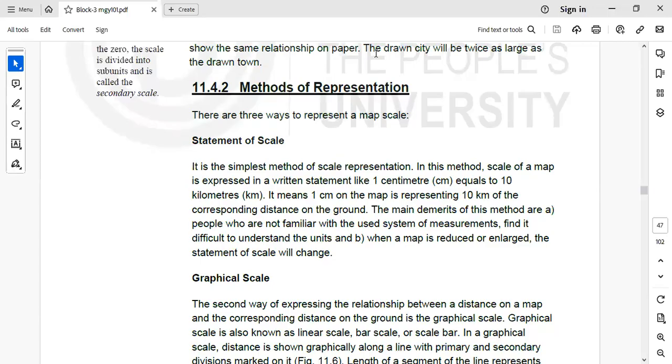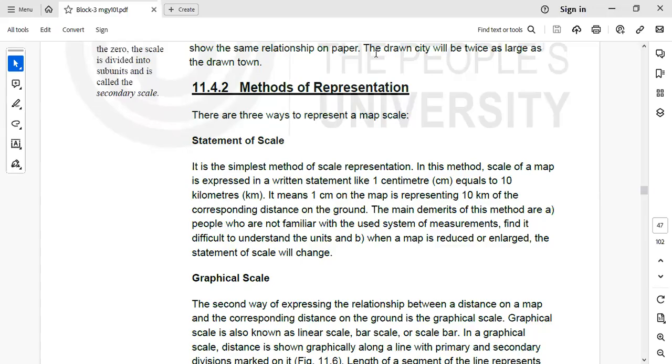The statement of scale is considered the simplest method of scale representation. In this method, the scale of a map is expressed in a written statement like 1 centimeter equals 10 kilometers.